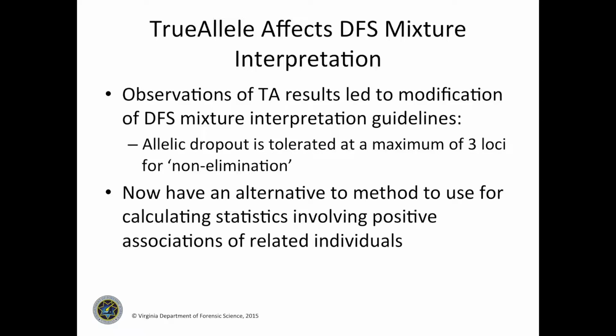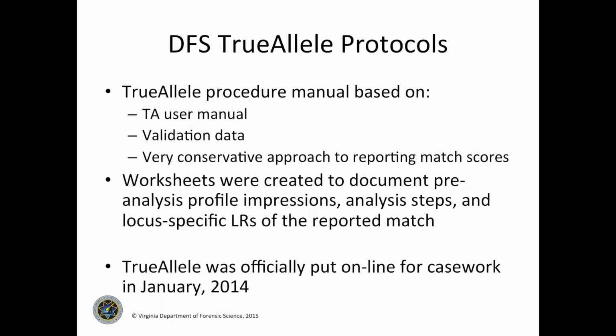Now with TrueAllele, we also have a mechanism to report statistics when a mixture profile results in inclusion of related individuals and a traditional RMP or a derived single source calculation cannot be used. Our TrueAllele Procedure Manual borrowed from the TrueAllele User Manual.